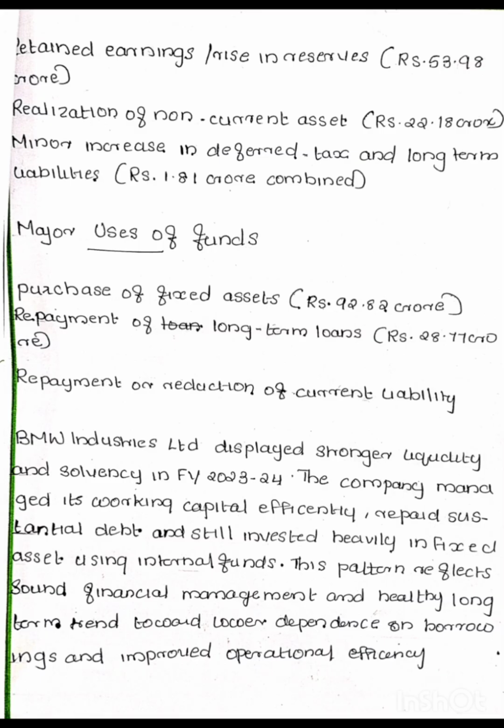Then the major uses of funds: purchase of fixed assets, repayment of long-term loans, and repayment or reduction of current liabilities. So the company displays stronger liquidity and solvency in the financial year 2023-24.